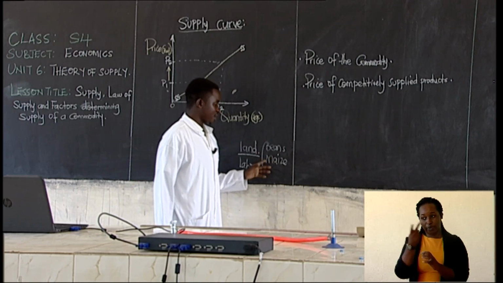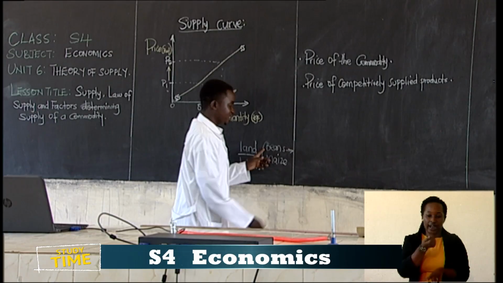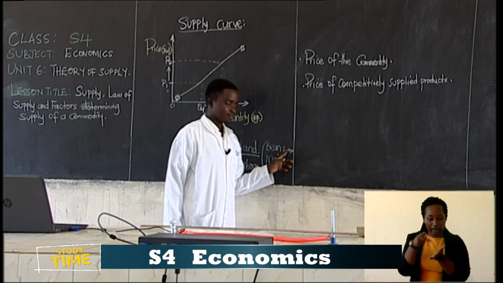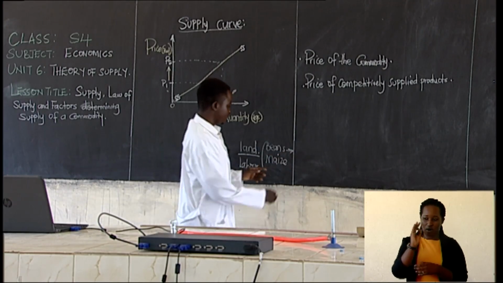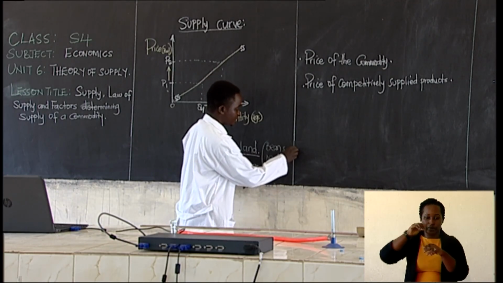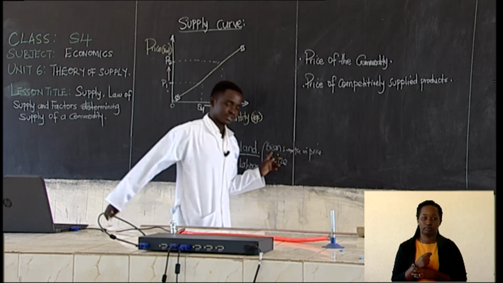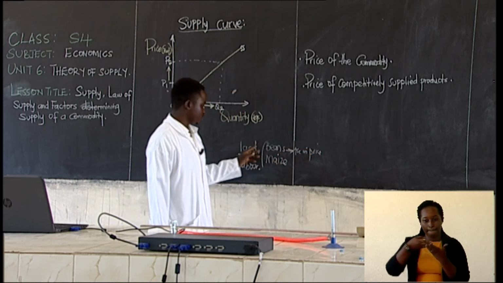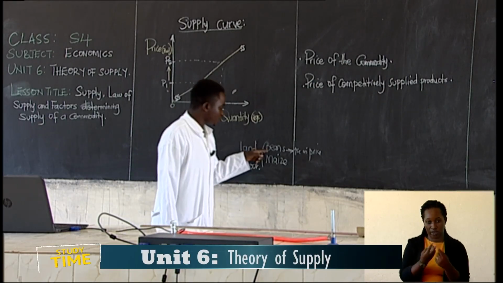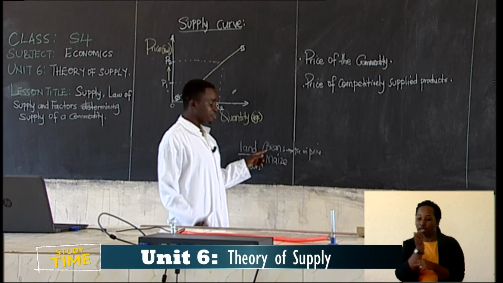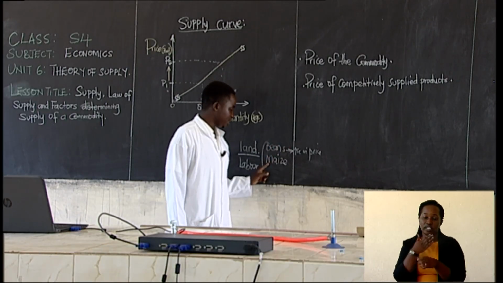So if there is an increase in price of beans, because we are saying price of competitively supplied products, that means producers or sellers will divert the resources to production of beans because it is more profitable, more attractive to produce beans than producing maize.